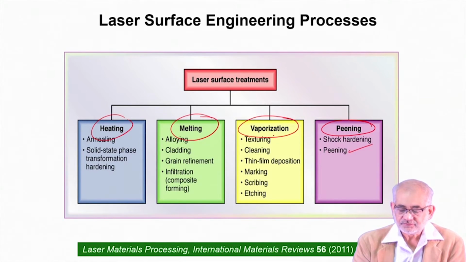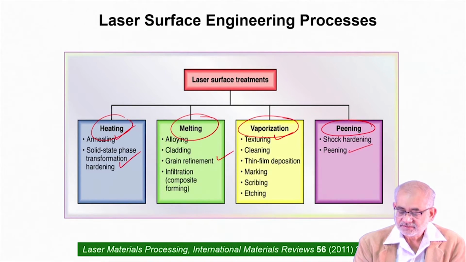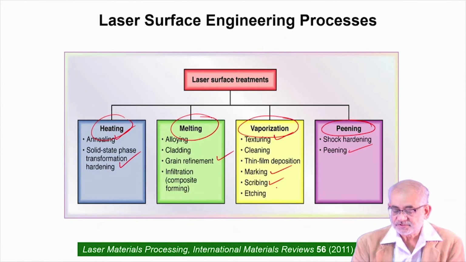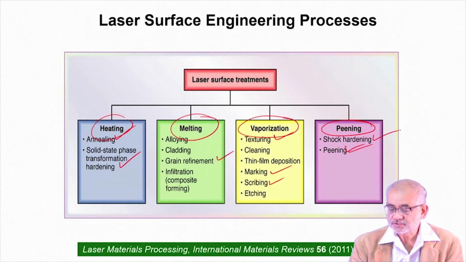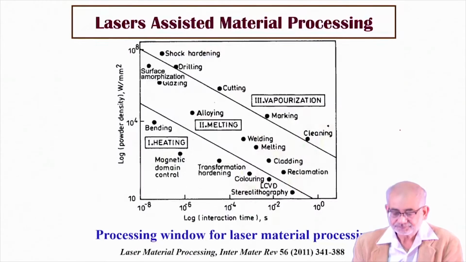But please remember, we can do many of these processes like annealing, solid state hardening, grain refinement, texturing, even maybe marking or scribing, all these processes without shock peening, shock hardening, all these processes only through change in microstructure and no change in composition.